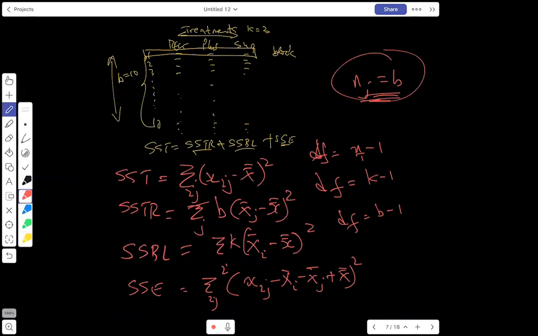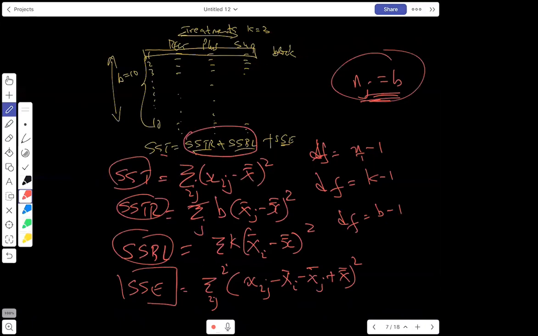You don't have to actually remember that. I'll tell you why. Because if you calculate this value, which is easier, and this value, we could find SSE by simply subtracting those 2 values from SST, and we get SSE. So we don't actually have to do the explicit SSE calculation, all right? The degrees of freedom in this case for SSE is k minus 1 times b minus 1. That's the degrees of freedom.